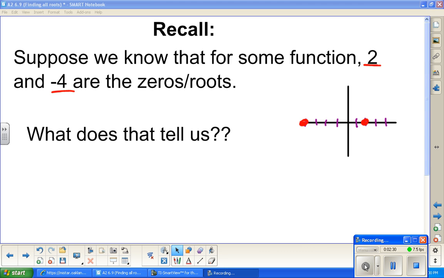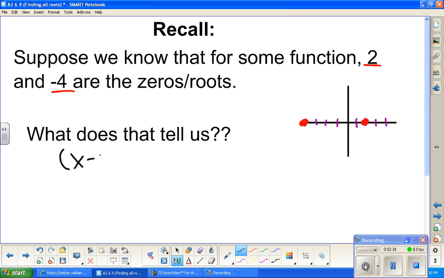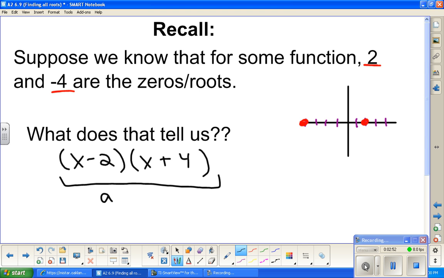So if 2 is a 0, we know something about x minus 2, right? Because wouldn't that factor get 2 as an answer? And then if we know -4 is a 0, what's the other factor? X plus 4. So we know that both of these are factors of the equation.